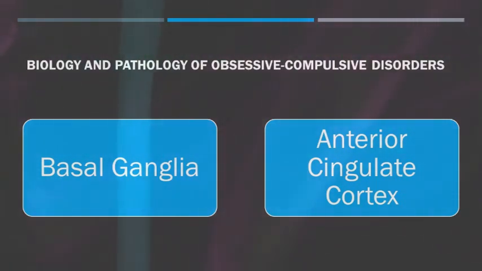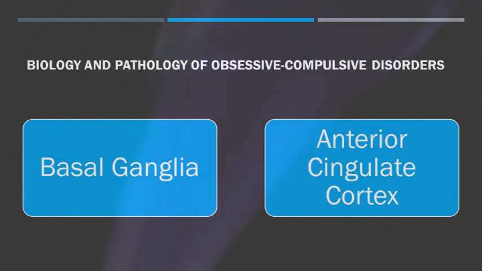And in OCD, there seems to be some kind of dysregulation or abnormalities in the basal ganglia that contribute to the repetitive or ritualistic behaviors, as well as the anterior cingulate cortex. The anterior cingulate cortex has to do with identifying things that are wrong.